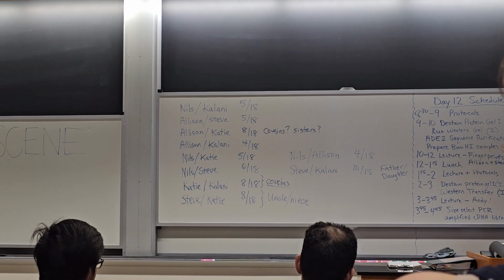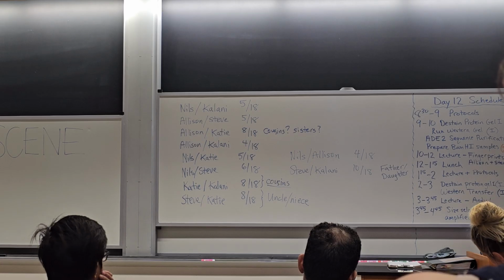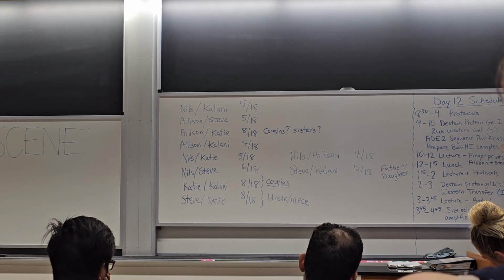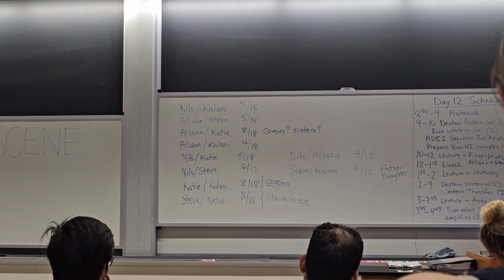There's one allele that has to match for every single locus. So that's another piece of information that you can get. That's not true for cousins or uncle-niece, but for father-daughter or mother-daughter, half of the alleles have to come from one parent and half from the other. So that's an additional piece of information.